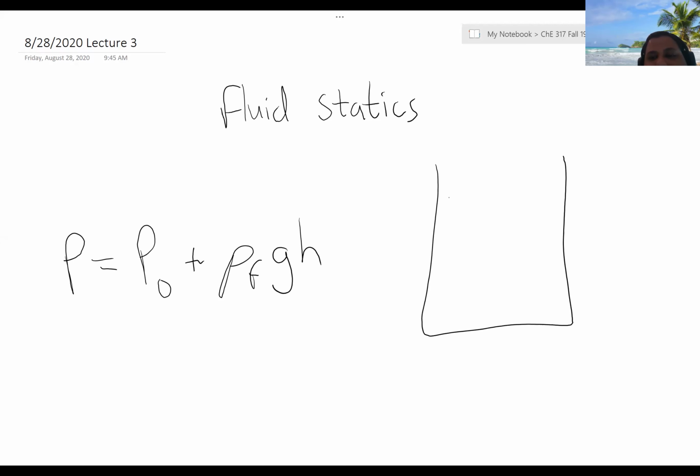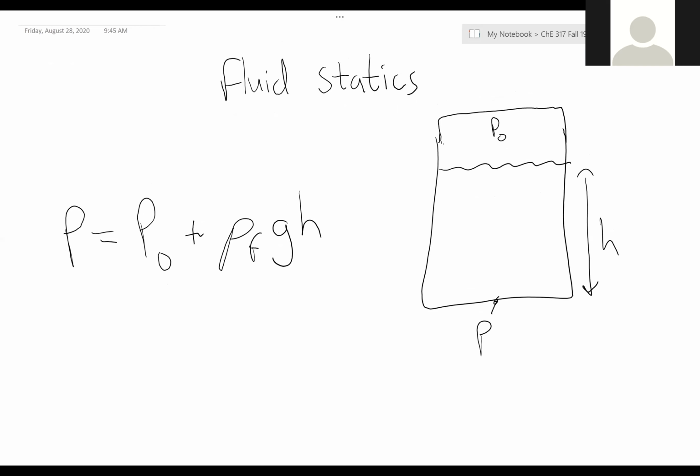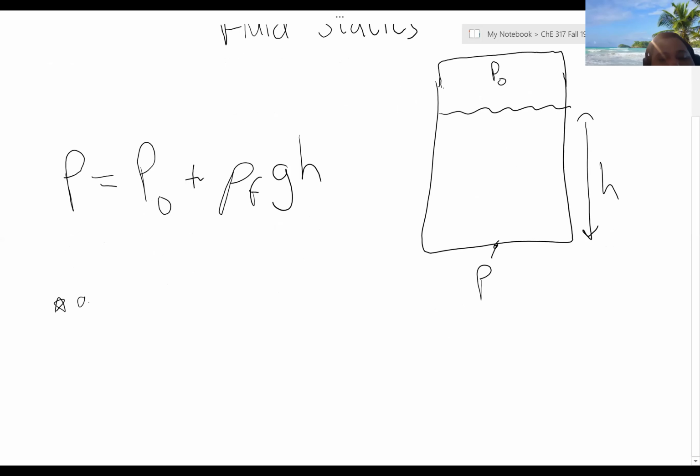So if I've got fluid in a tank at some height h, and let's say it's a closed tank with some pressurized vessel P naught, and I want to know what's the pressure at the bottom of the tank, it is simply the density of the fluid times gravity times that height plus whatever the pressure is at the top of the fluid surface. Keeping in mind, this applies to incompressible fluids.